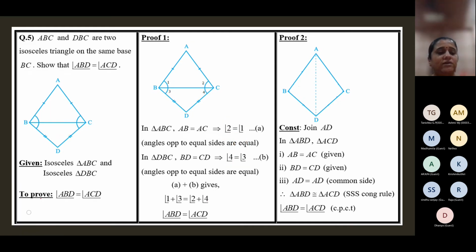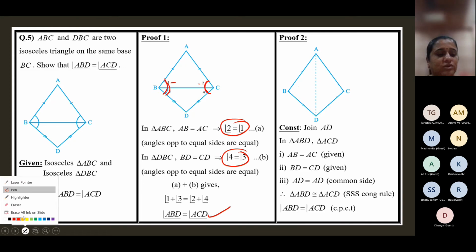So one way to show that ABD is equal to ACD is by using the theorem that angles opposite to equal sides are equal. You will get 1 is equal to 2, 3 is equal to 4, and adding the two results, you can show that ABD is equal to ACD.